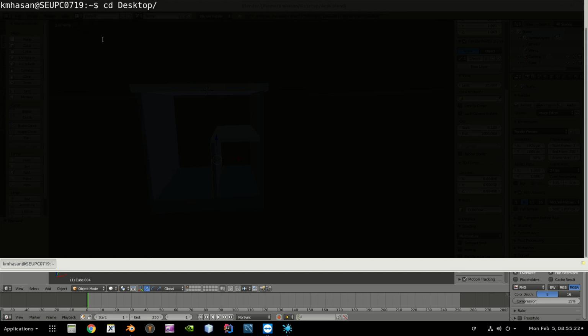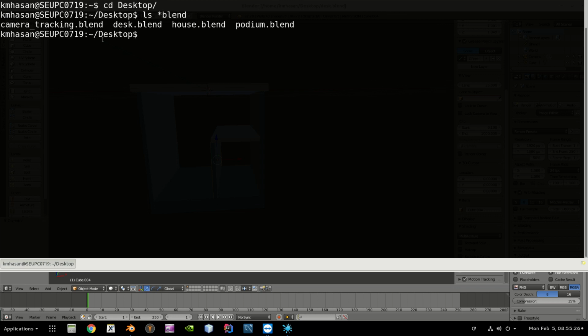We have this desktop blend file here, and if I want to see the content of it, we can do that in a Linux terminal. You just type in cat, for concatenate, and the file name. So that's going to be desktop blend.